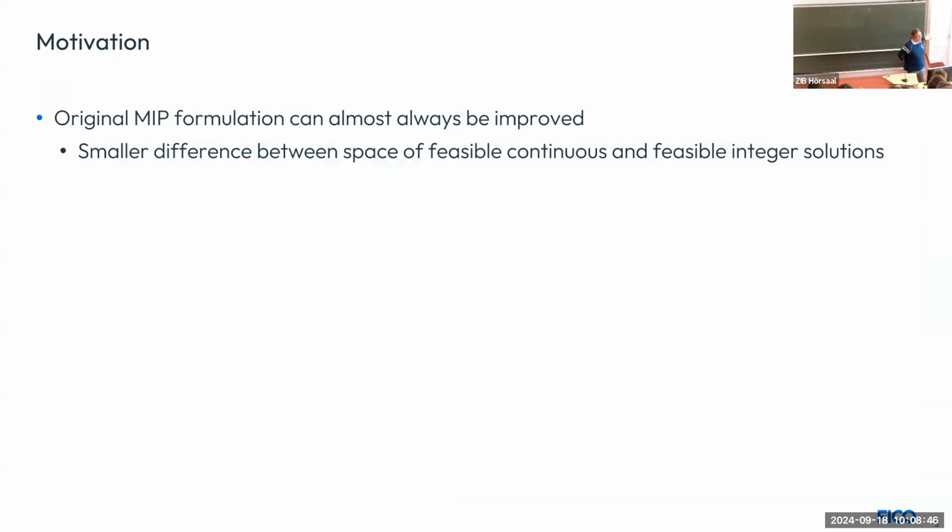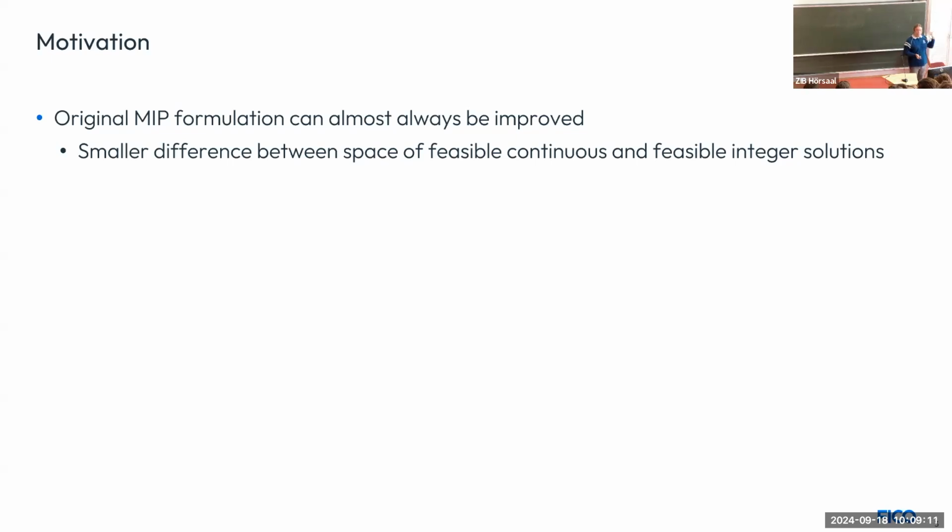So, motivation for cutting planes, besides doing it as a complete algorithm, which will actually be the first part after this introduction: why do you use cutting planes inside a branch and bound algorithm? Well, the original MIP formulation that a practitioner, a user, a modeler gives to a solver can almost always be improved.